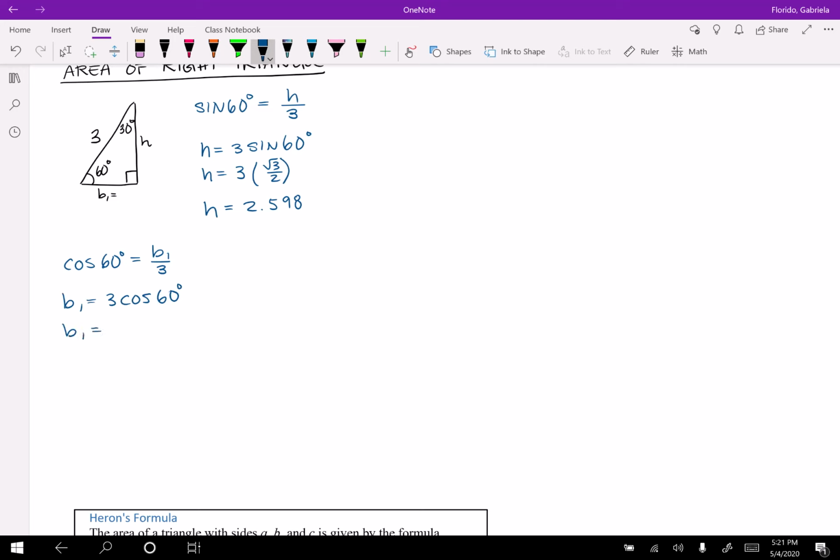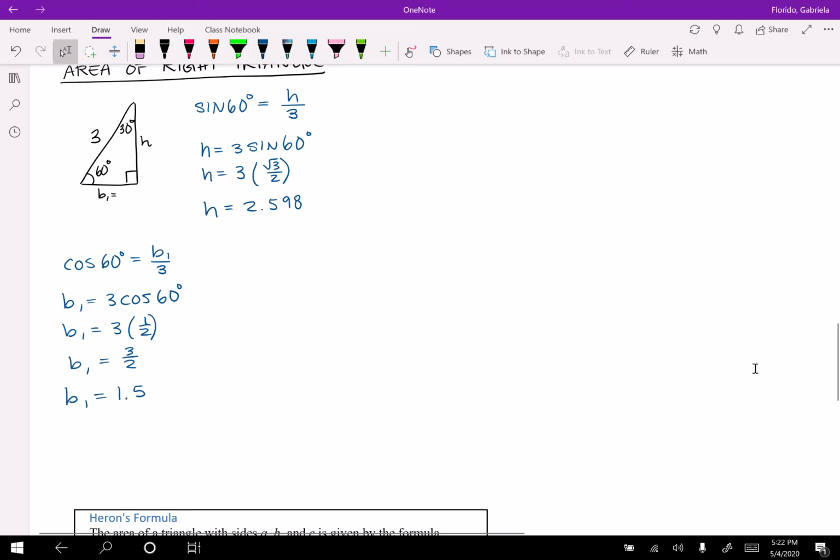And cosine of 60 degrees is 1/2. So B1 is equal to 3 over 2. And if we plug that into our calculator, actually we don't have to do that, because 3 over 2 is just 1.5. Okay, so we have found the length of base B1.